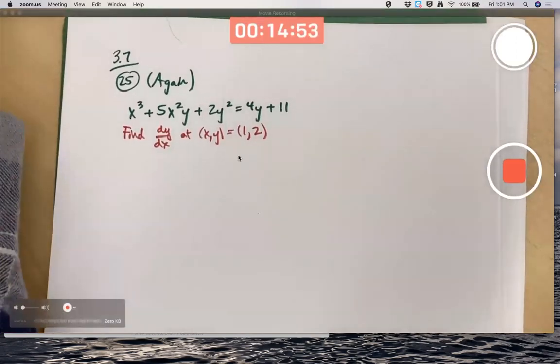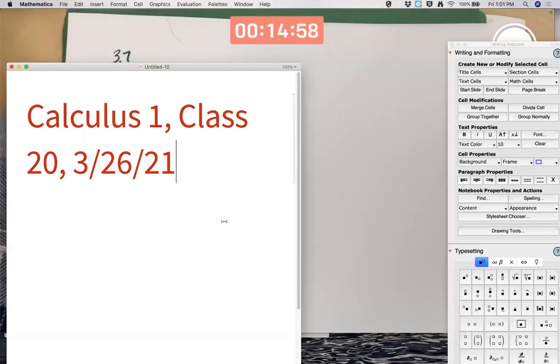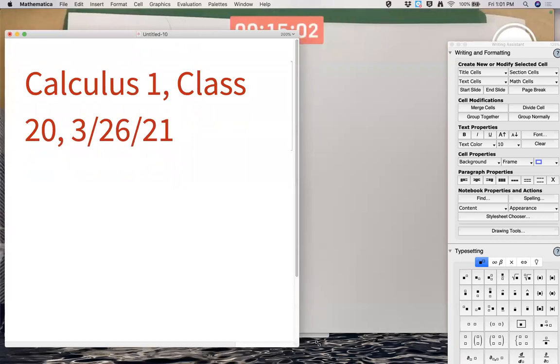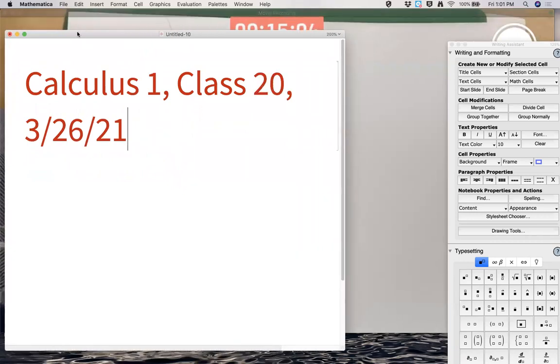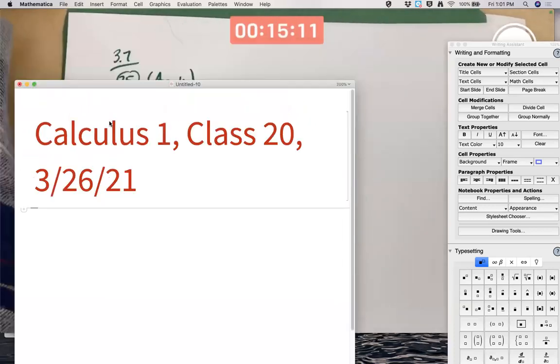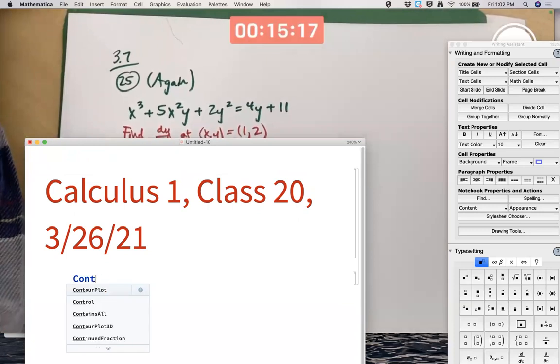Let's go ahead and do some Mathematica along the way here as we go. Probably best if you just watch me. I will email this to you after class. I think I forgot to do it on Wednesday, but I will make sure I do today's. Okay, so I'm going to plug this equation into a function called ContourPlot.